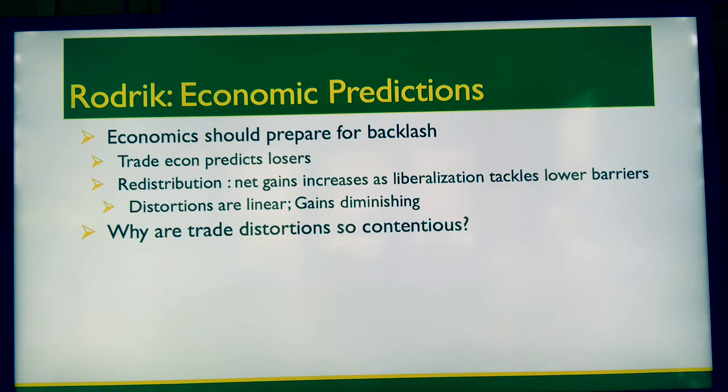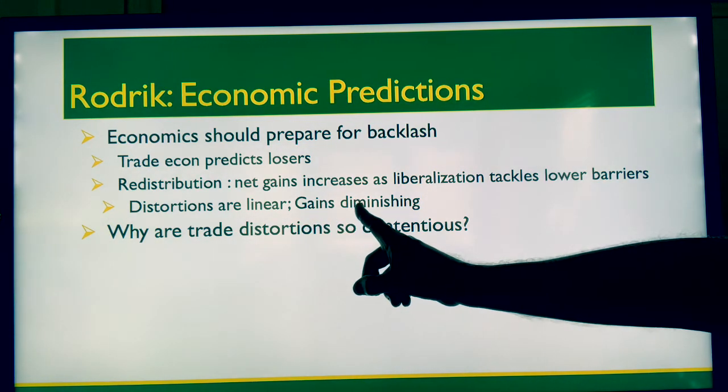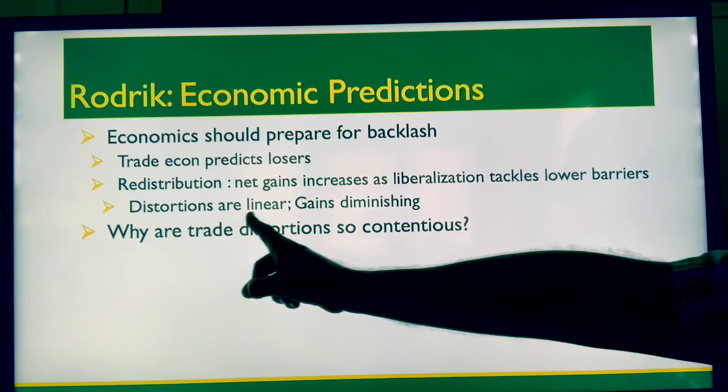However, Rodrik points out that as we liberalize more and more, and our changes are getting smaller and smaller, the positive impact of liberalization is diminishing. So our gains are diminishing, but the distortions are linear, right?